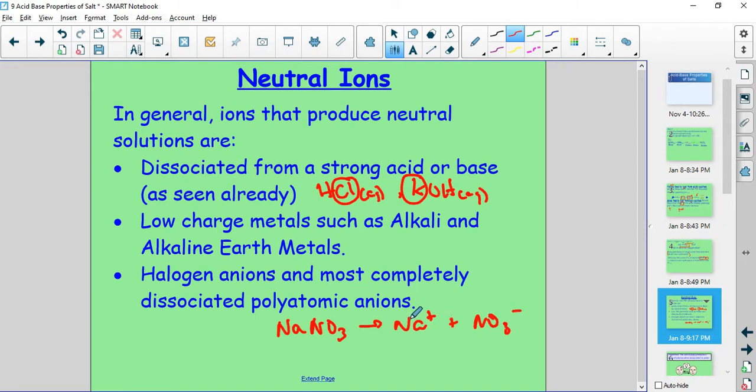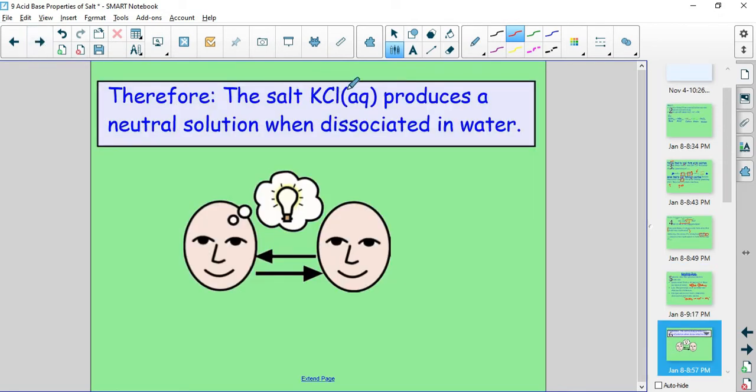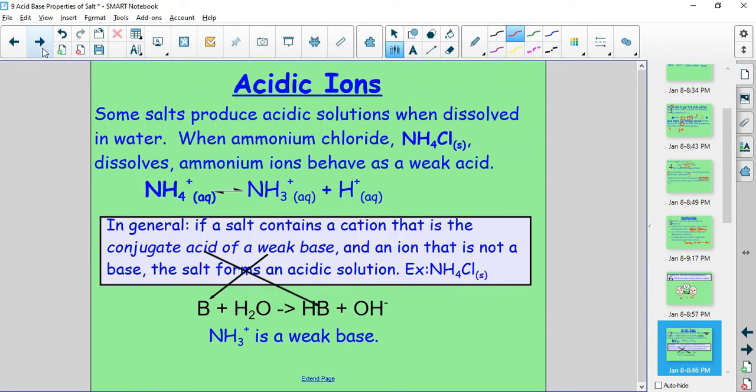Here we have a group 1 element, so that classifies as a neutral cation, and nitrate, another polyatomic that is completely dissociated, ionized in this case, will be neutral as well. Therefore KCl produces a neutral solution, just another example. Potassium and chloride, from either side of the periodic table, are going to be neutral.